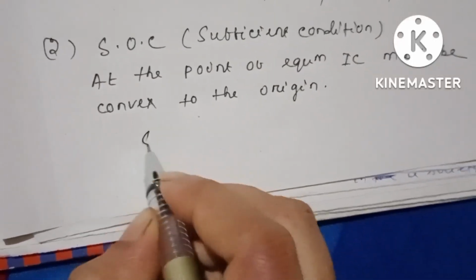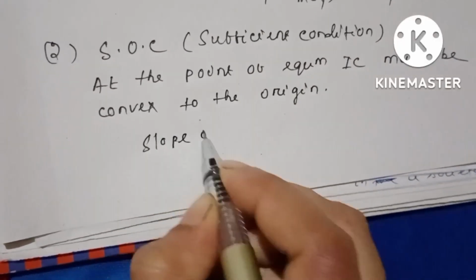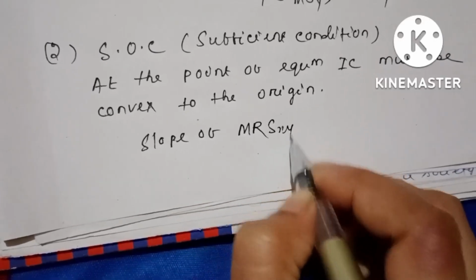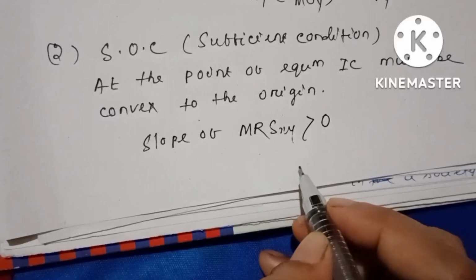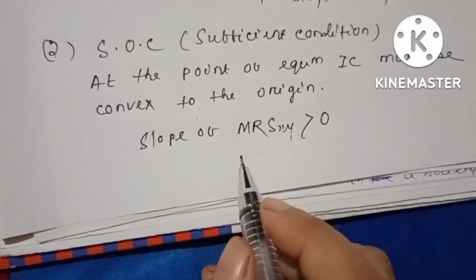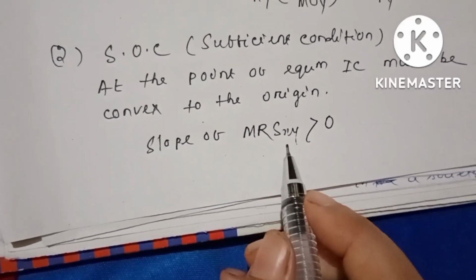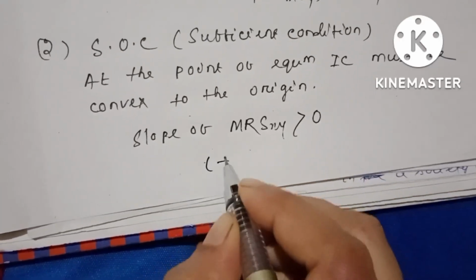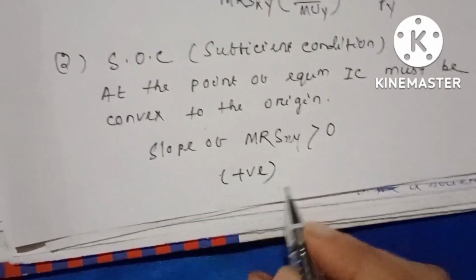That means the slope of the indifference curve, that is MRS xy, must be greater than 0, or the second order derivative of y with respect to x must be positive. That means the slope of MRS is positive.